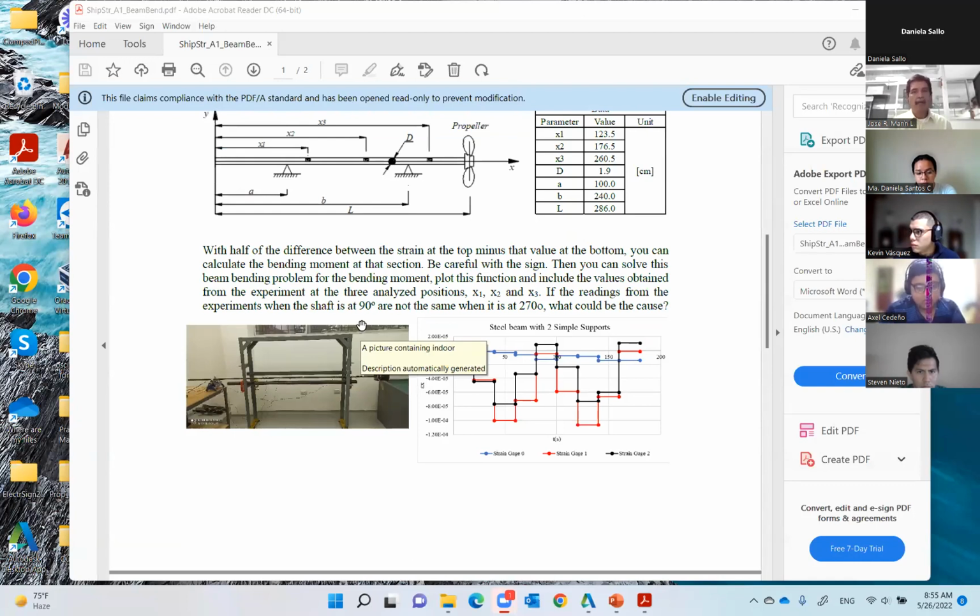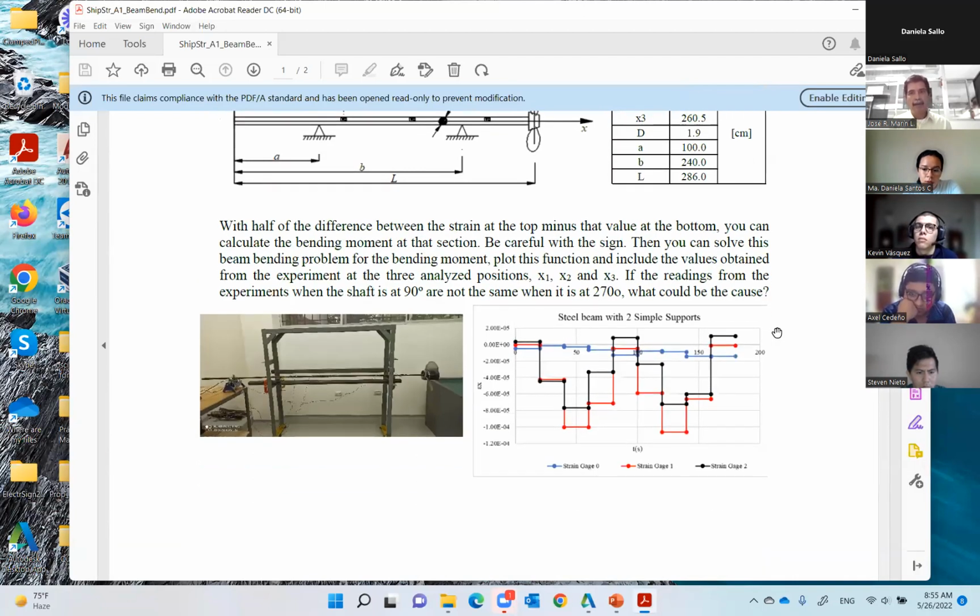Can you see the document, the PDF of the homework? Yes, doctor. Okay, let's try to see if I can draw here.